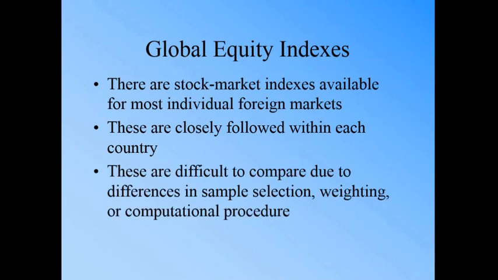In the US market, you follow the Russell 1000 index, the S&P 500 index, and the Dow Jones Industrial Average, the 30 industrial average. So in each country, investors refer to their own index, follow its performance, and compare their own performance to it. These are difficult to compare due to differences in sample selection, weighting, and the computational procedure, because each index can be different.